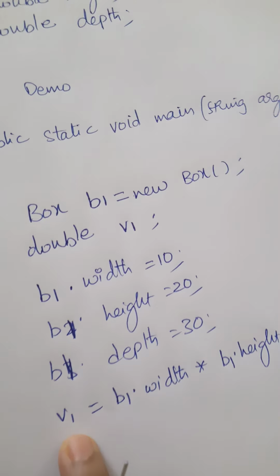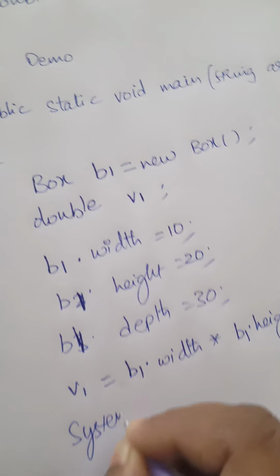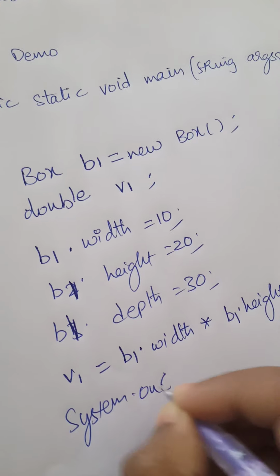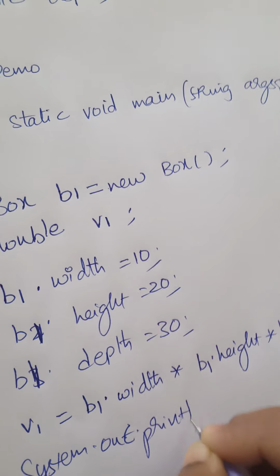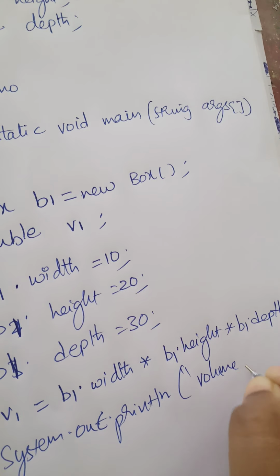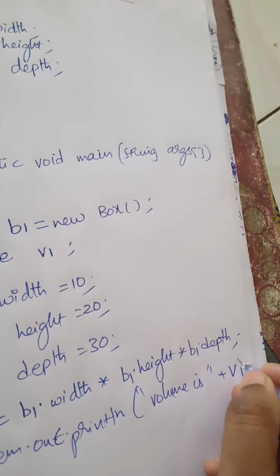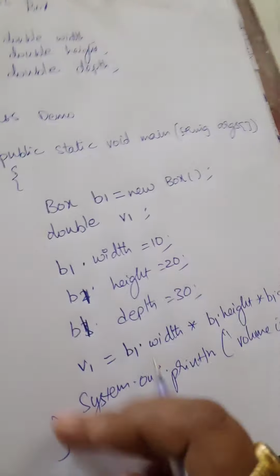In v1 this calculated value will be stored, and you are printing System.out.println volume is v1. So you are closing this main and this class.